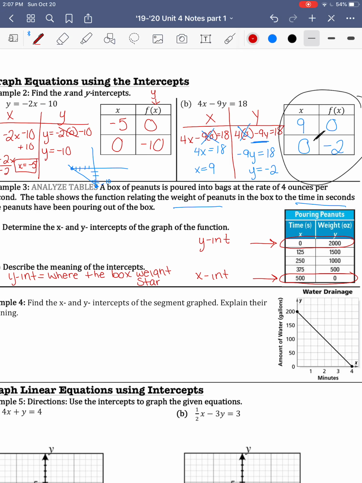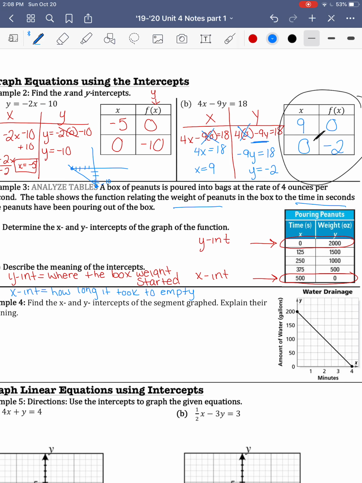Not a whole lot of room here. And then the x-intercept, kind of like the opposite, represents how long it took to empty, because at that point the weight is 0.